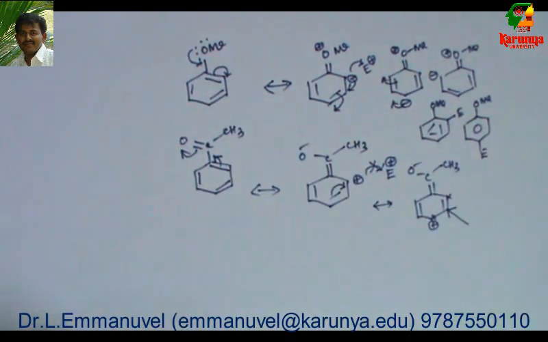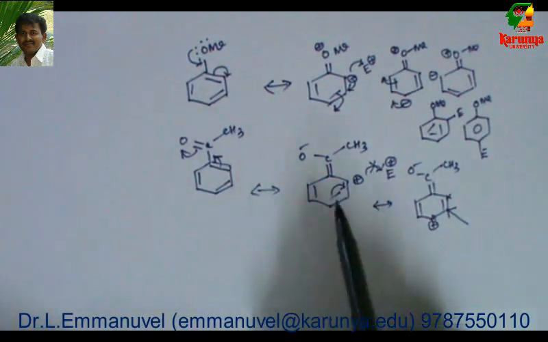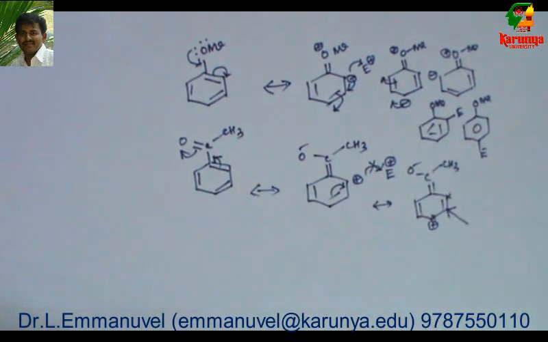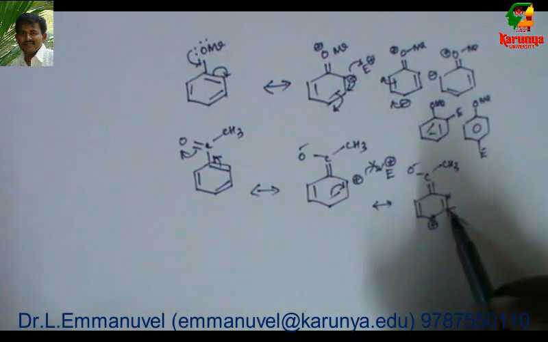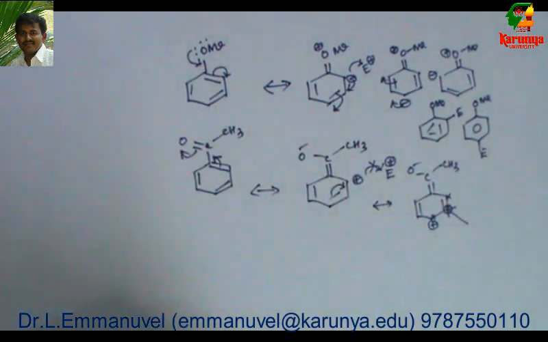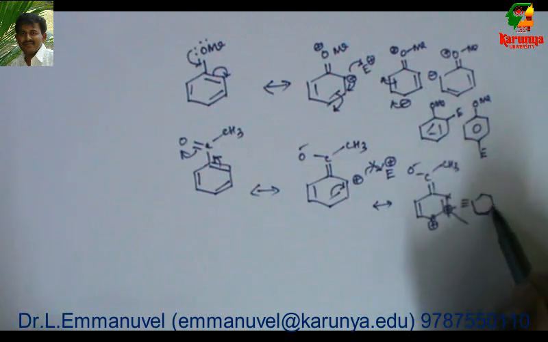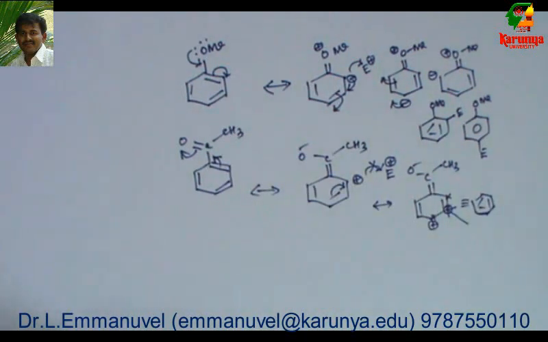The meta carbon. The resonance has not affected the electron density on this meta carbon. So the electron density or electron cloud on this carbon is equal to that of benzene. Because it has not been affected, it has not been touched by the electron withdrawing group.